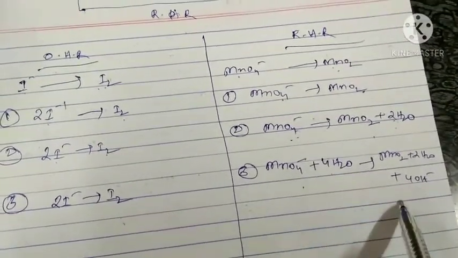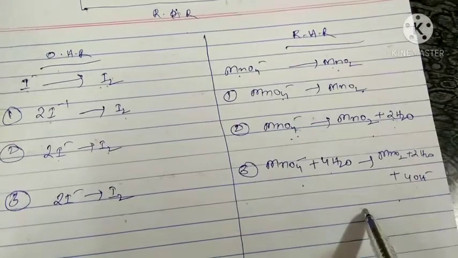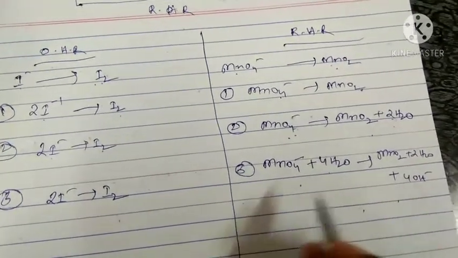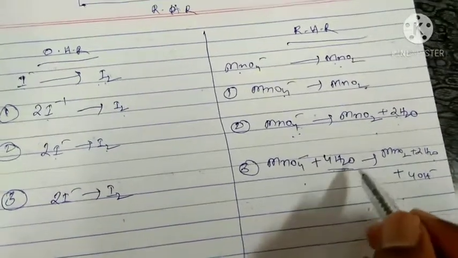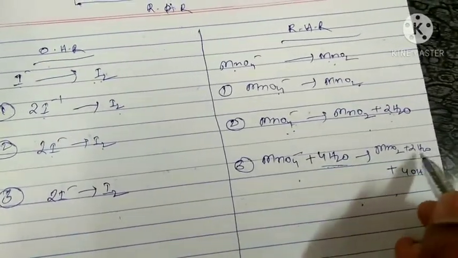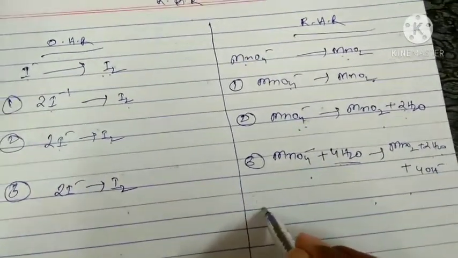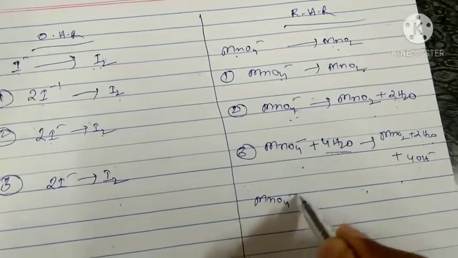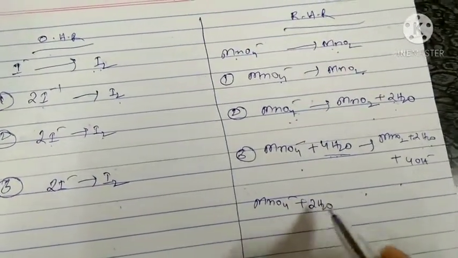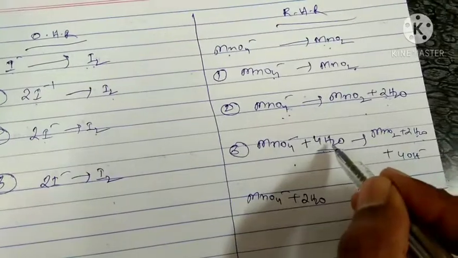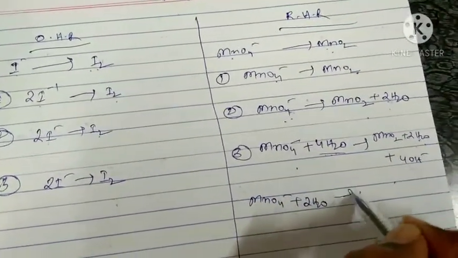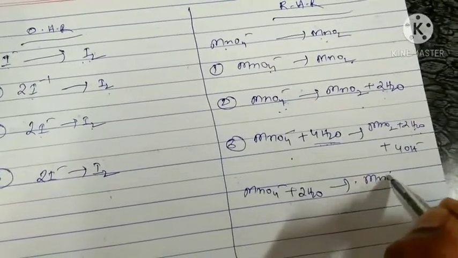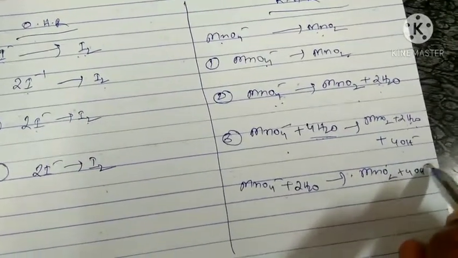After writing this equation, it can be simplified, since 4H2O and 2H2O appear on both sides. That means one more step. If 2H2O comes to the left side, then MnO4 minus plus 2H2O gives rise to MnO2 plus 4OH minus.